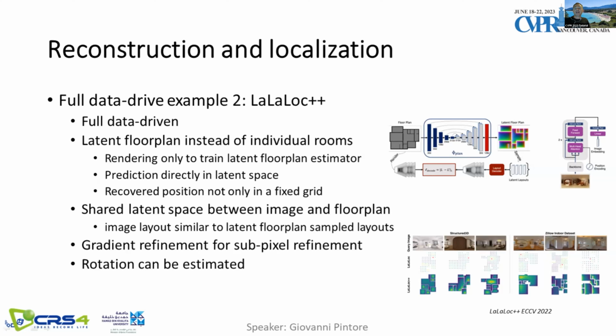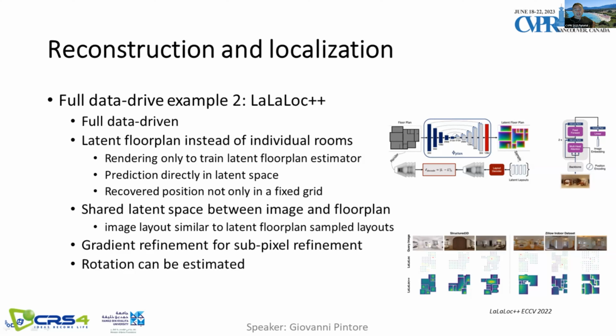That is, the image layout is similar to the latent floor plan individual layouts. The prediction is done in latent space directly, so without nearest neighbor search and so on. And they add just a gradient refinement step as a post-processing in order to refine the position.